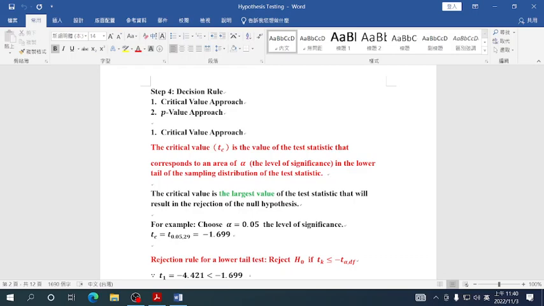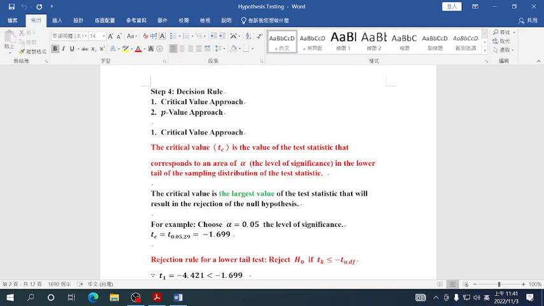Okay, so for example, if we choose alpha as 5%, then according to the table, the critical value, this notation in our textbook for the test statistic with the critical value, is negative 1.699. So here the value is negative 1.699, and the area I'm choosing is 5%.